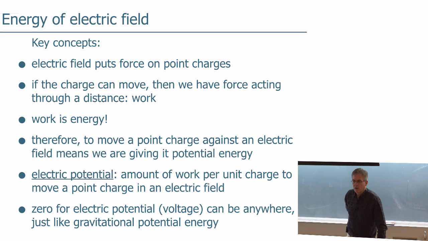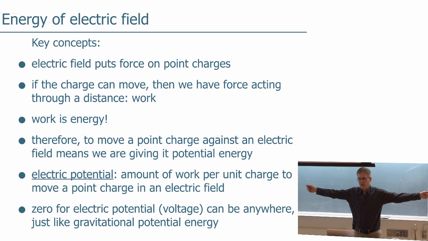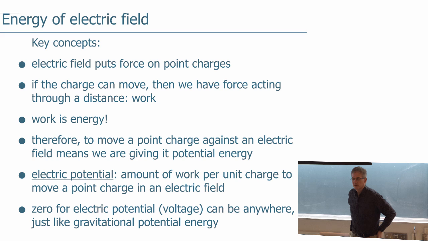So now we have to define what we mean by an electric potential energy. Obviously, if you have two positive charges at infinity, and then you bring them together to a certain distance, it takes work to do that. You're pushing against the electric field. If you bring one in, you have to do work to bring it a certain distance in. And we call that electric potential energy. And it's just like gravitational potential energy.